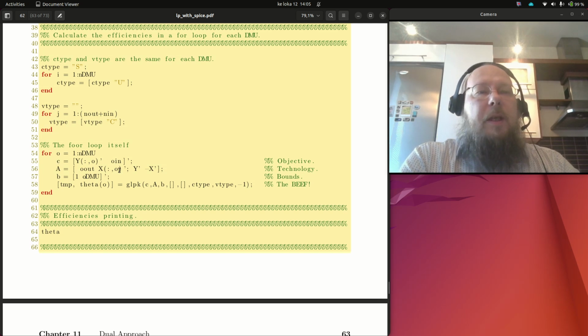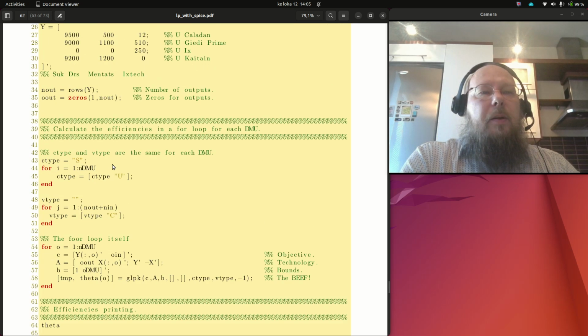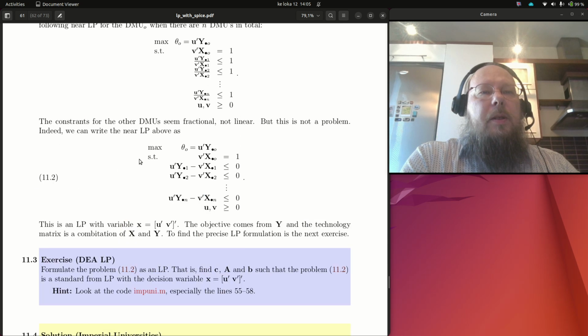So what is the C? This is not too difficult. The C here is the output weights times the outputs. The output weights are decision variables.